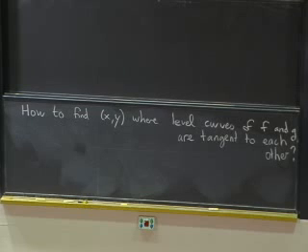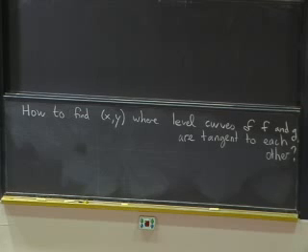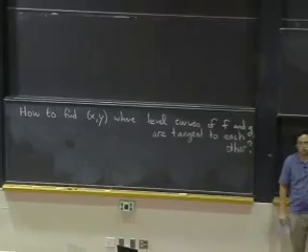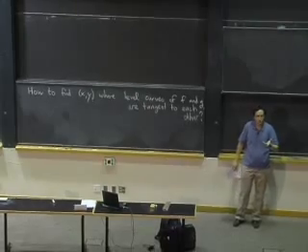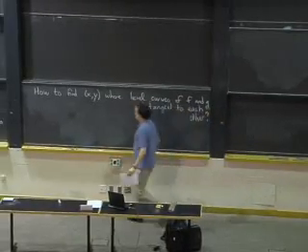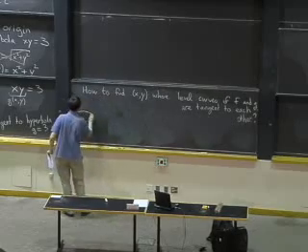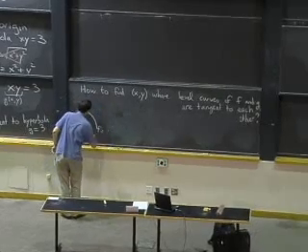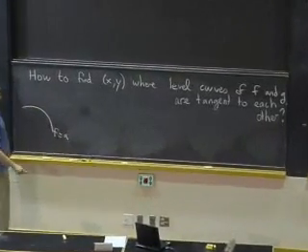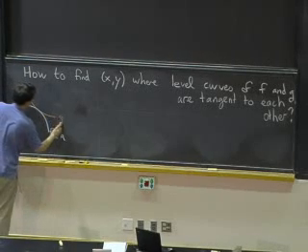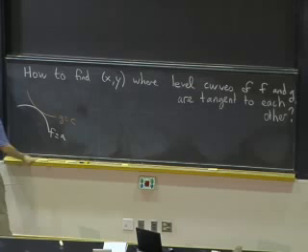Well, let's think for a second. If the two level curves are tangent to each other, that means that they have the same tangent line. If they have the same tangent line, that means that the normal vectors should be parallel. Let me maybe draw a picture here. So this is the level curve, maybe f equals something. And this is the level curve g equals constant. Here my constant is 3.